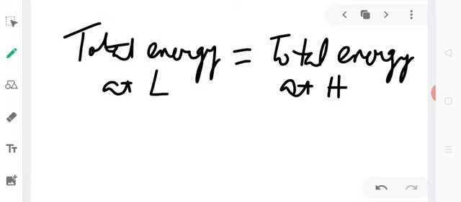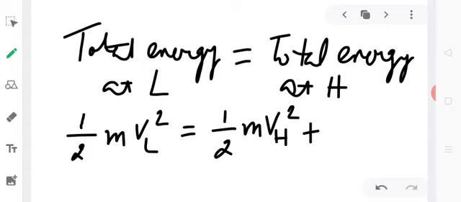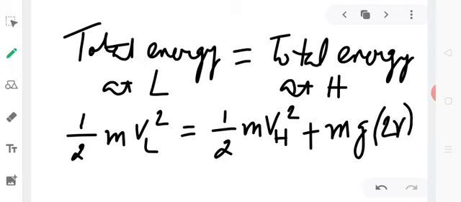At the lowest point the energy is totally kinetic, so if suppose the velocity is vl, then half m vl square, and height is 0, so it is entirely kinetic in nature, whereas at the highest point the energy will be both kinetic and potential. So kinetic energy will be half m vh square, and for potential energy mg times height, which is equal to the diameter, that is 2r.